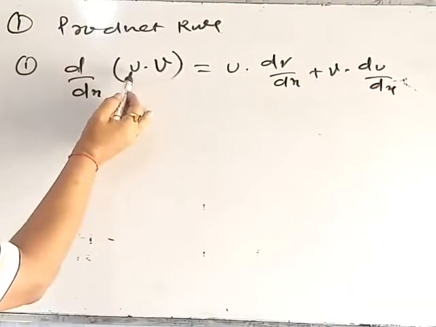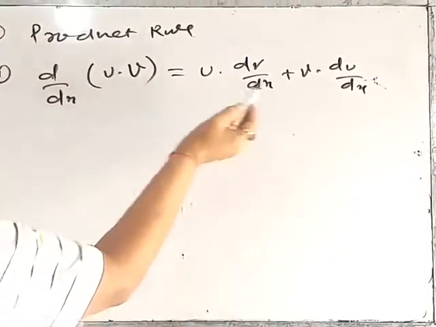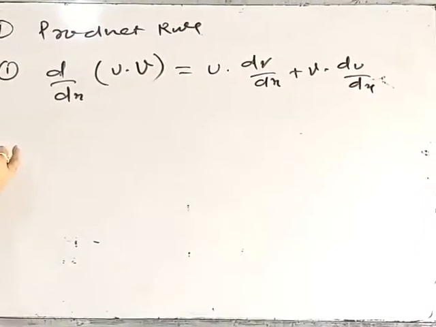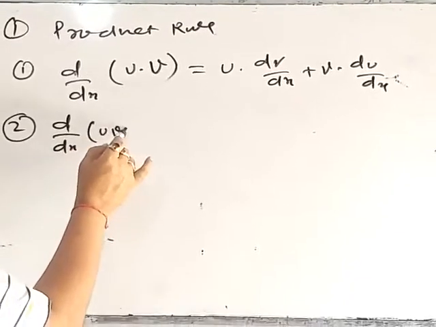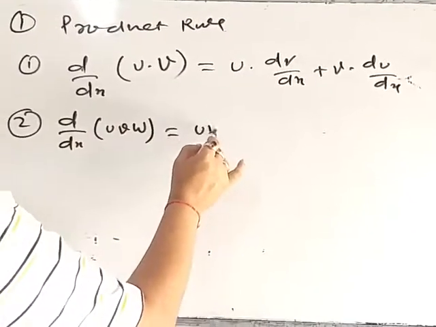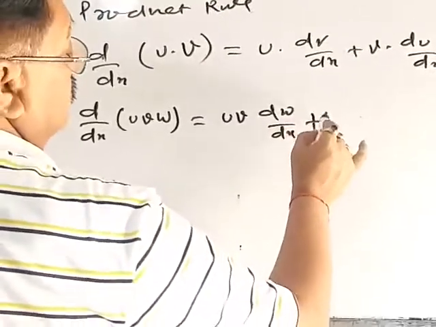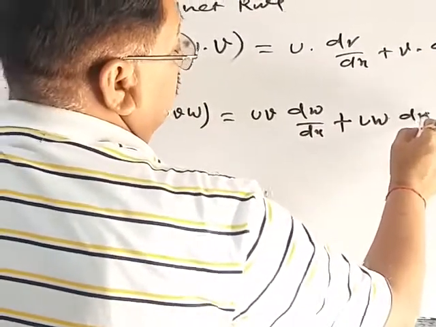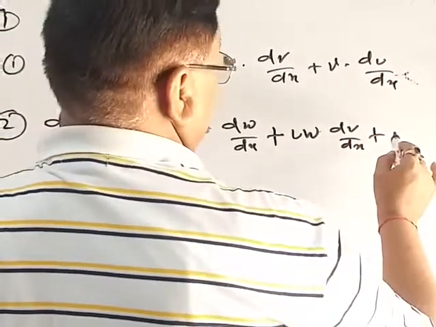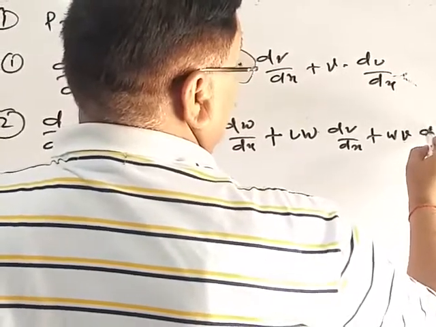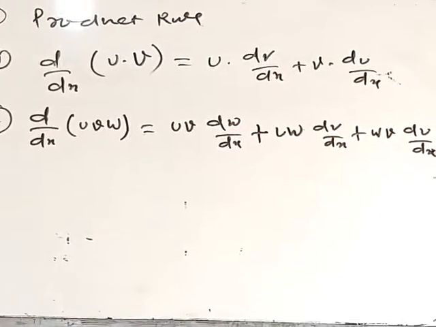That is, first function into derivative of second function plus second function into derivative of first function. If d by dx of u v w, then u v dw by dx plus u w dv by dx plus w v du by dx. This is the product rule, students.